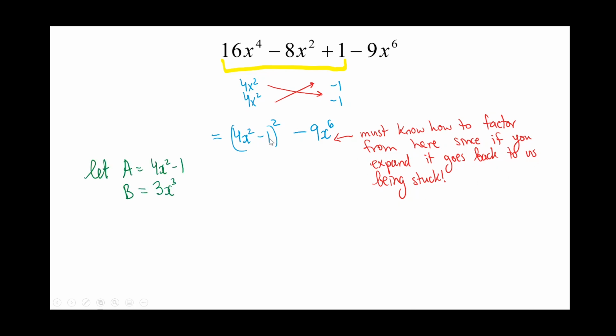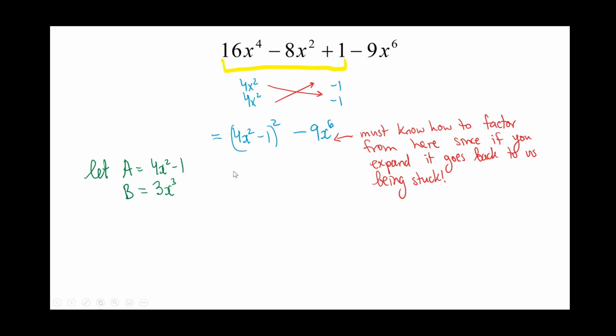Because we have two terms here, it is a binomial, since the terms are separated by a plus or minus that are not captured with a bracket. This is a perfect square because there's definitely a visible square. And this one could be written as an expression also with a square. What expression would it be? Well, 3 times 3 is 9, and x to the 3 times x to the 3 will be x to the 6. Why? Because 3 plus 3, we add the exponents when we multiply bases, gives us this 6.